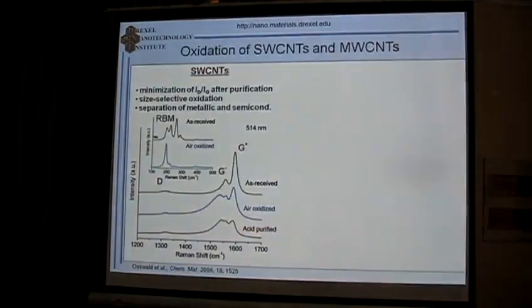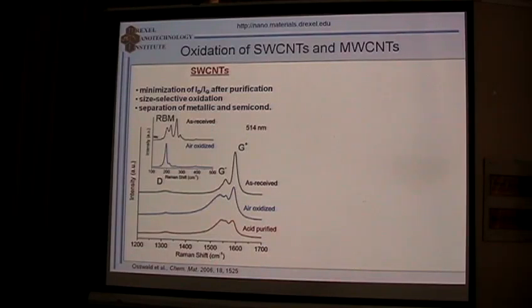And of course, if you can use it for double-wall carbon nanotubes, in a very similar manner you can use it for single-wall carbon nanotubes. And this is another example. There is still some D-band remaining, very big, because in this case it comes from tips and defects in the walls of carbon nanotubes.